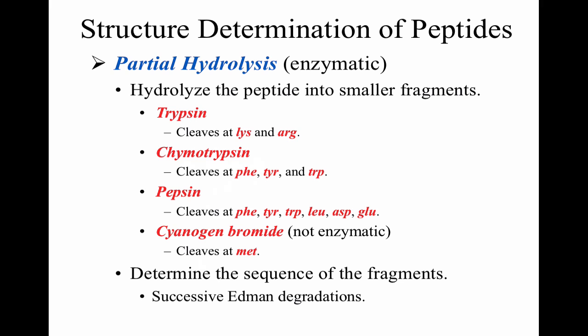If I do Edman degradation, I can figure out what that amino acid is. Then I take this remaining 3 and do it again, and I can figure out what that one is, and I do it again, and I can figure out that one and that one. And so I can link them together through successive Edman degradation. But I can only do successive Edman degradation on small fragments.